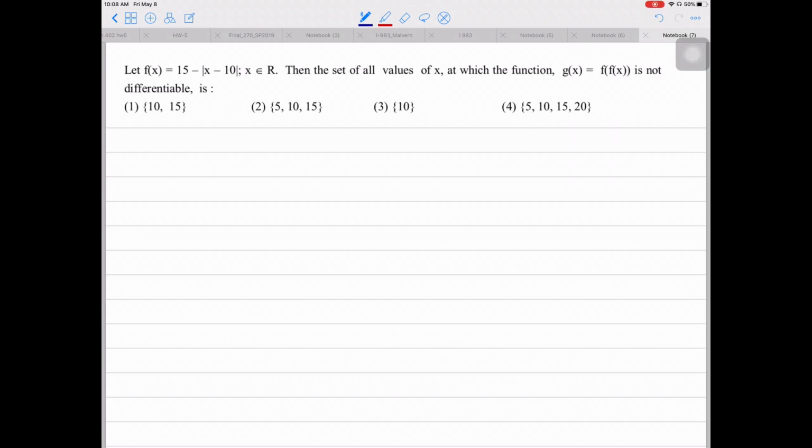Let f of x equals 15 minus absolute value of x minus 10, where x belongs to real numbers. Then the set of all values of x at which the function g of x equals f of f of x is not differentiable is. So again, we know that this is from functions with an application in differentiability. I had a couple of examples in my last video, and a lot of people want more examples to be solved.